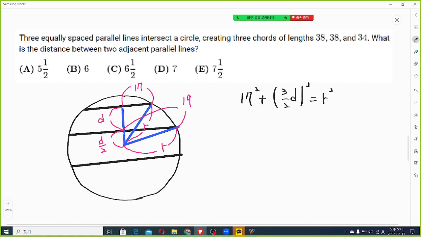And for the triangle which has the 19 side length, we can make a second Pythagorean equation.